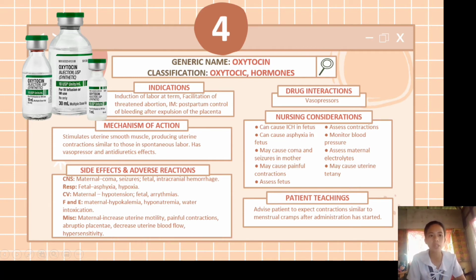To the mother, it may cause coma and seizures, painful contractions, and may cause uterine tetany. Nurses should assess the fetus, assess contractions, monitor blood pressure, and assess the maternal electrolytes. Patient teaching is to advise the patient to expect contractions similar to menstrual cramps after administration has started.